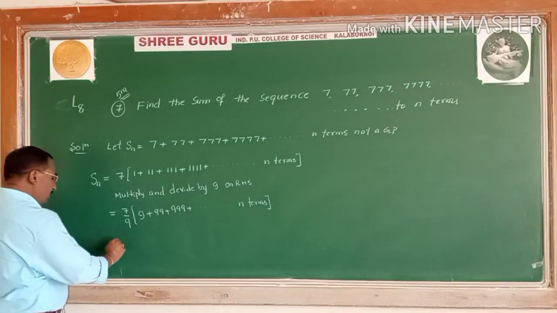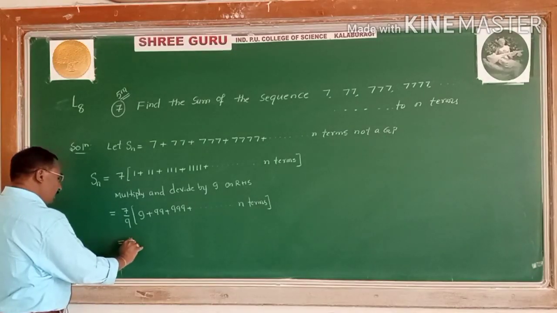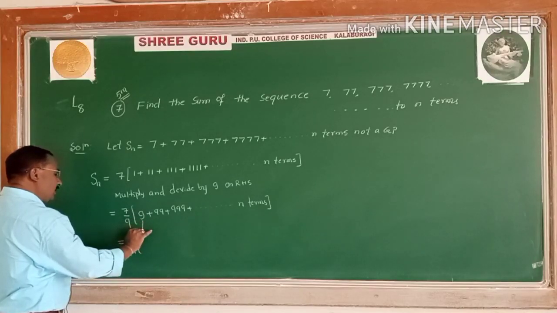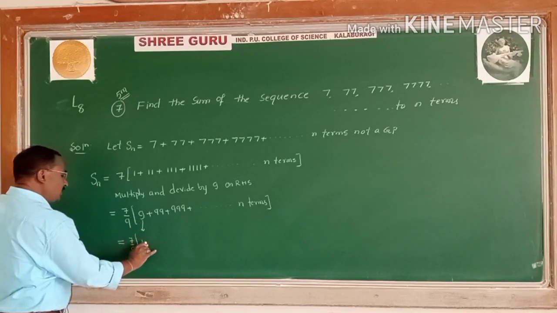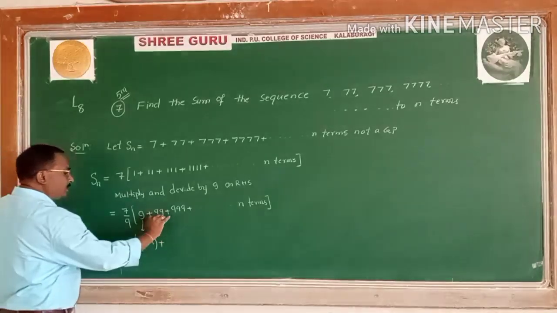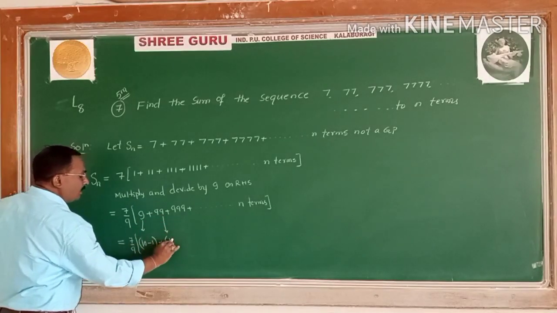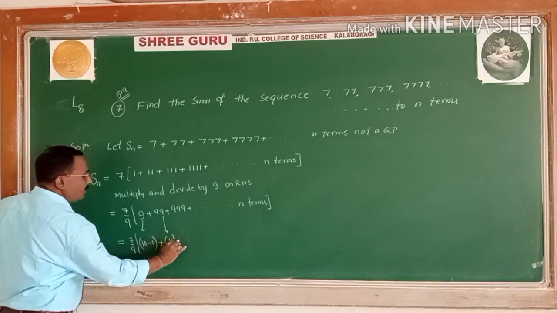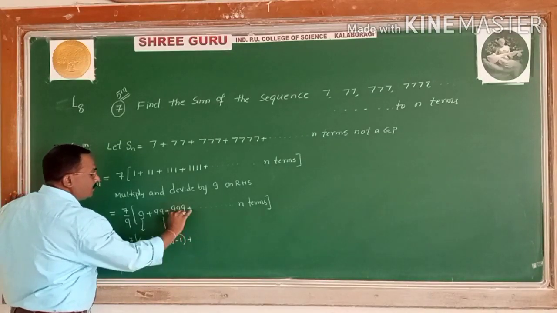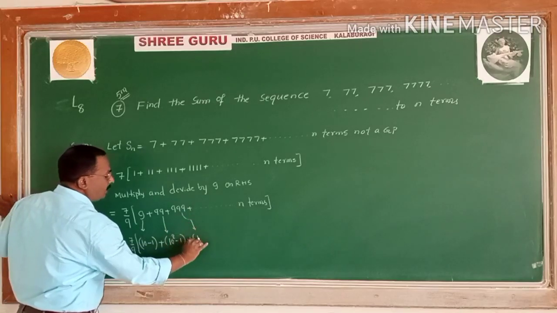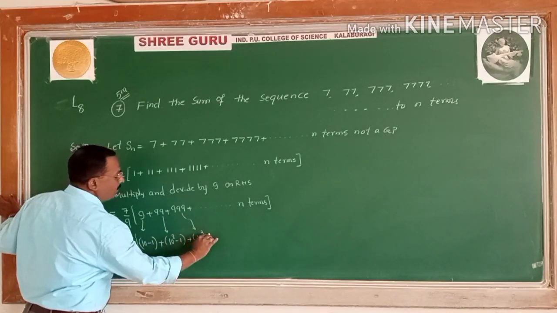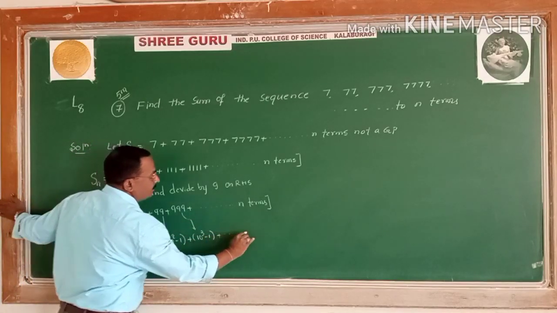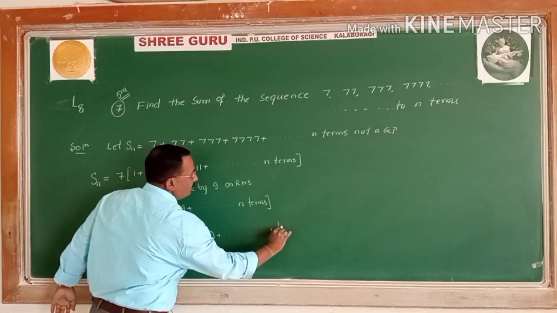Next, here 7 by 9, we can express 9 as 10 minus 1, plus 99 as 10 square minus 1, plus 999 as 10 cube minus 1, plus n terms.